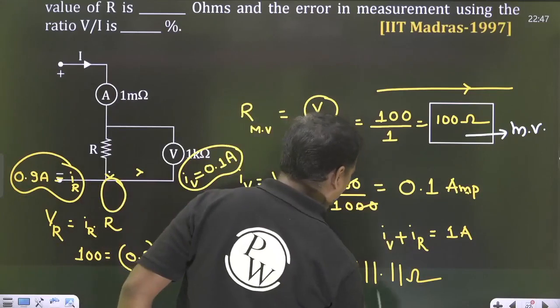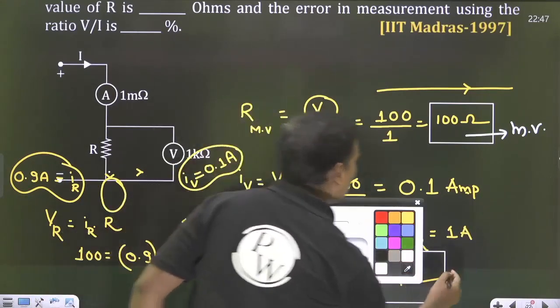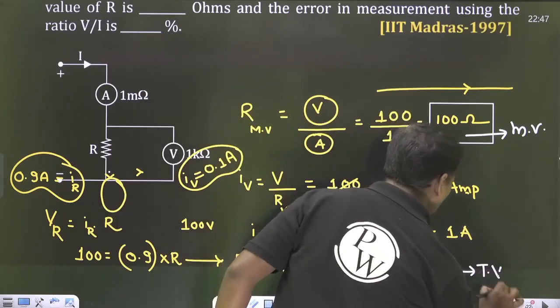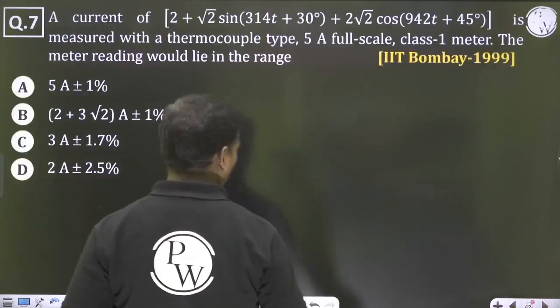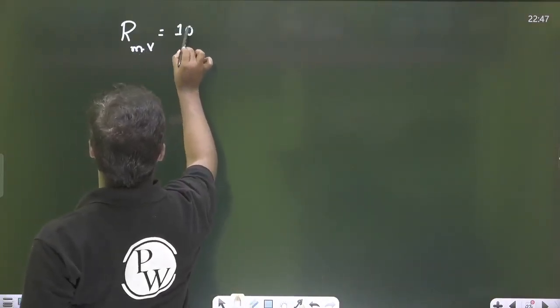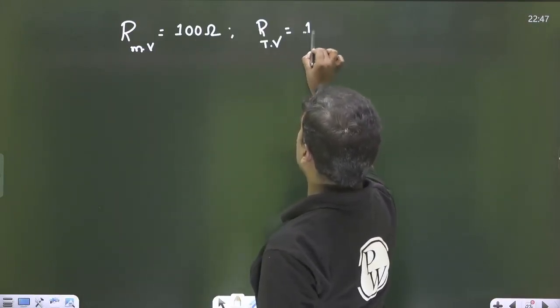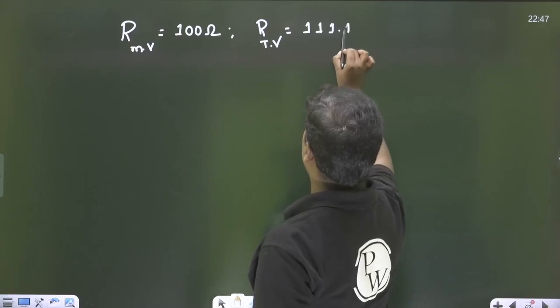So finally, our measured value was 100 and our true value is 111.11.